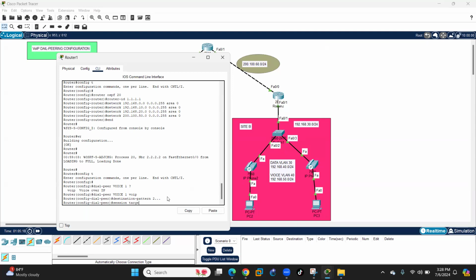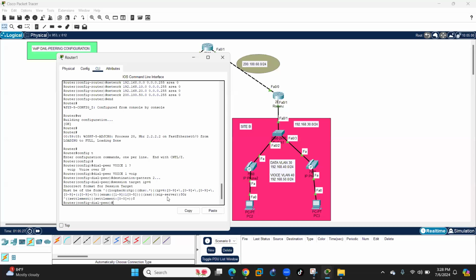Session target, IPv4. I'm not going to teach IPv4. I'm not going to teach IPv6 in this class. So session target is the default gateway of this router.